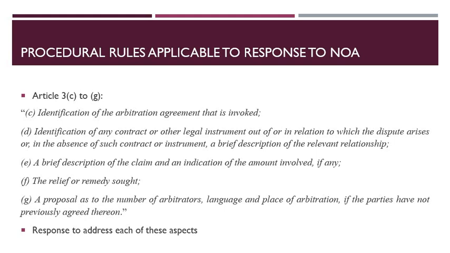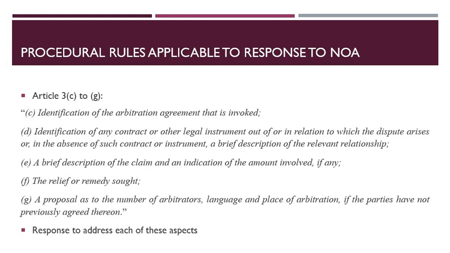D. The identification of any contract or other legal instrument out of or in relation to which the dispute arises, or in the absence of such contract or instrument, a brief description of the relevant relationship.